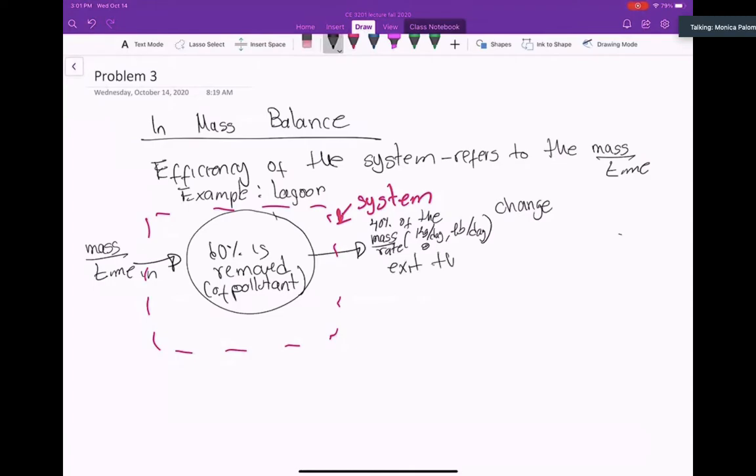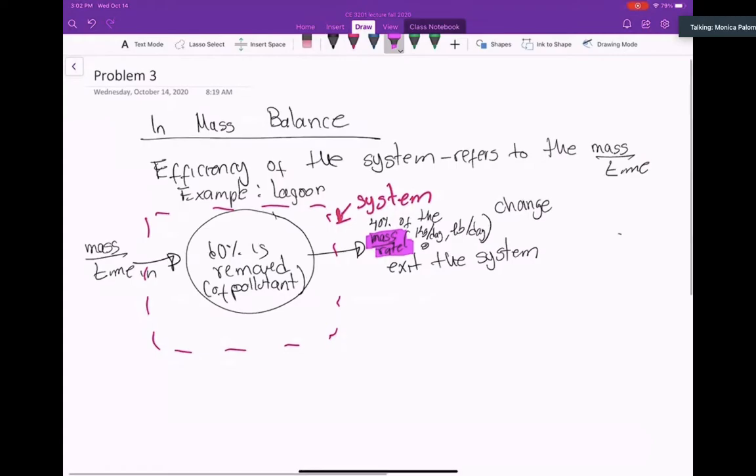In environmental engineering and water treatment, the removal efficiency is the cleaning efficiency of our system, and it's going to be referring to the mass rate. When we talk about removal efficiency, it's talking about mass rate.